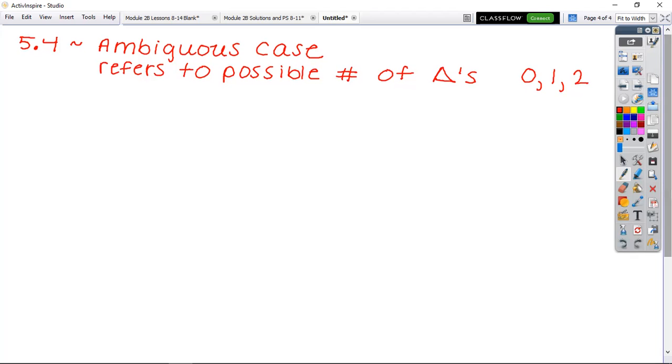Okay, so here's the first example. We're going to determine the number of possible solutions. Again, it could be 0, 1, or 2.